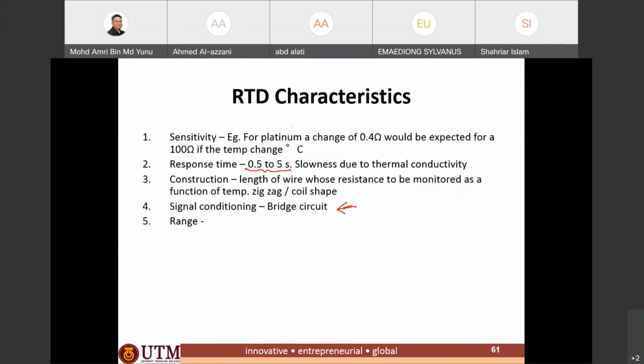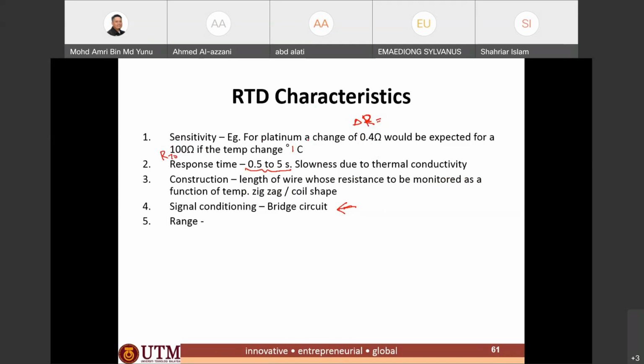So you see that the resistance change is around 0.4 ohm for every degree Celsius change in the measured temperature. So 100 is the reference, and RT is also the change.